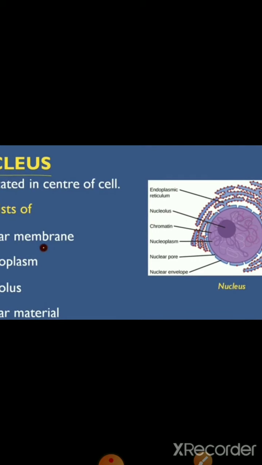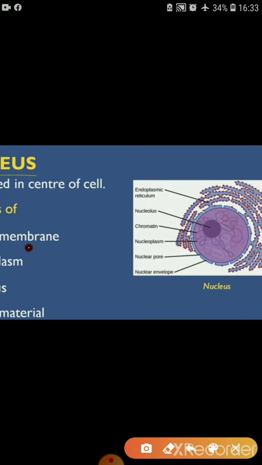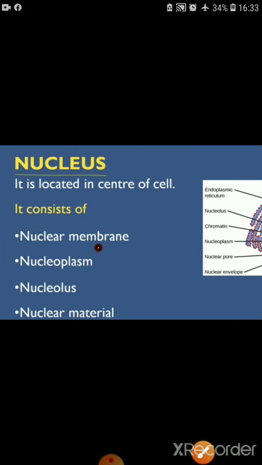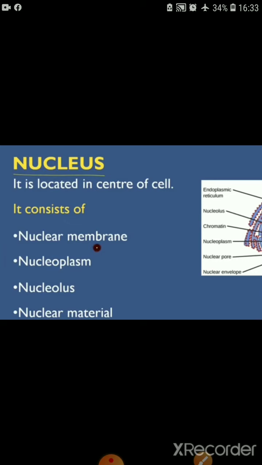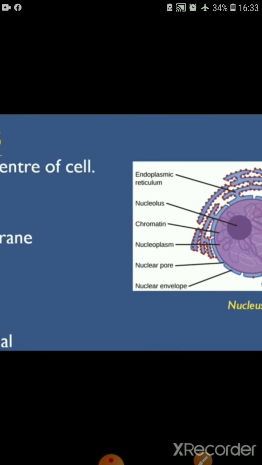So it consists of the nuclear membrane. Second, this outer layering, right? As you have seen, this light blue color layering is seen. That layer is called the nuclear envelope, or we can say this is the nuclear membrane, okay? Like the cell has a cell membrane, isn't it? Likewise the nucleus also has a membrane, named the nuclear membrane, or we can say it is called the nuclear envelope, isn't it?